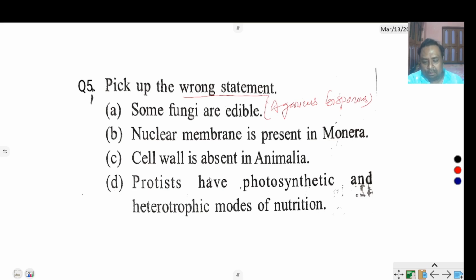Protista have photosynthetic and heterotrophic modes of nutrition, definitely photosynthetic like diatoms, and heterotrophic like Plasmodium or slime molds. So here the correct option is B, because in kingdom Monera no nuclear membrane is present. That's why it is called prokaryotic.